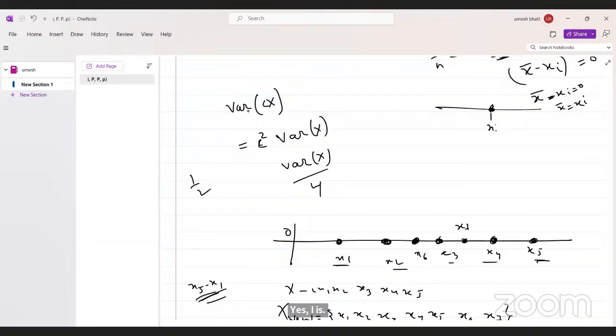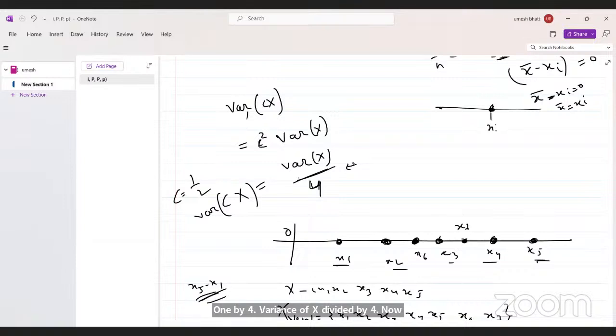So if I multiply each observation by c, then the variance is multiplied by c square. Now assume c is 1 by 2. Then the variance of cx is 1 by 4, the variance of x divided by 4. Is this increased or decreased? Decreased.